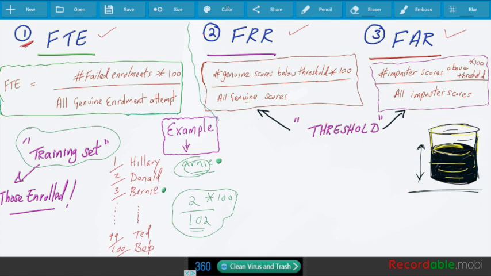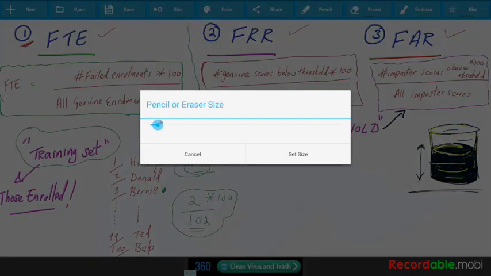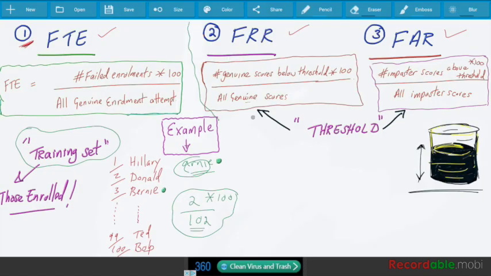And I'm almost going to draw a line in the sand here, because a few questions that I've gotten from people concern this idea of threshold. When you're doing the failure to enroll experiment, when you're enrolling everybody, your threshold can be set at whatever number you want.